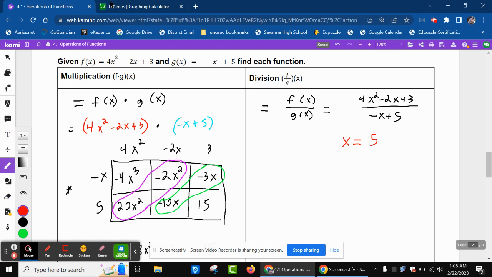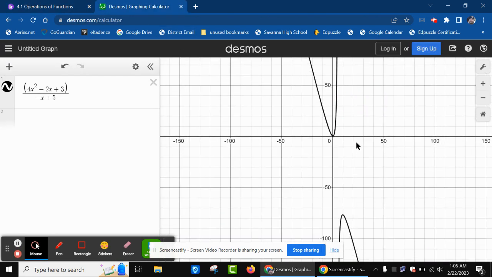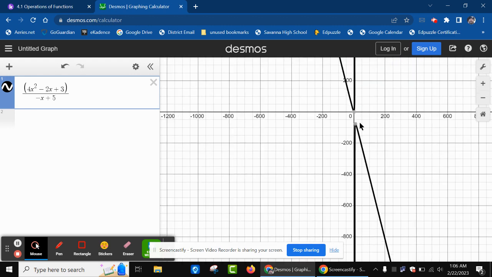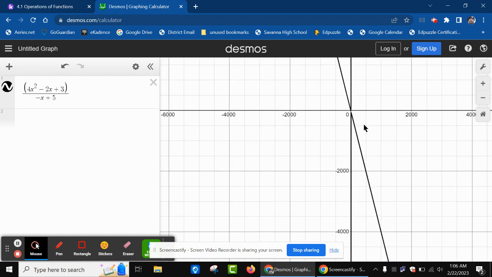Let's go to Desmos. I've already plugged this in, and you can see that it kind of looks like a parabola right here. But you'll also see that, hey, wait a second here. What's happening here? If you look, it makes like a little asymptote right here.